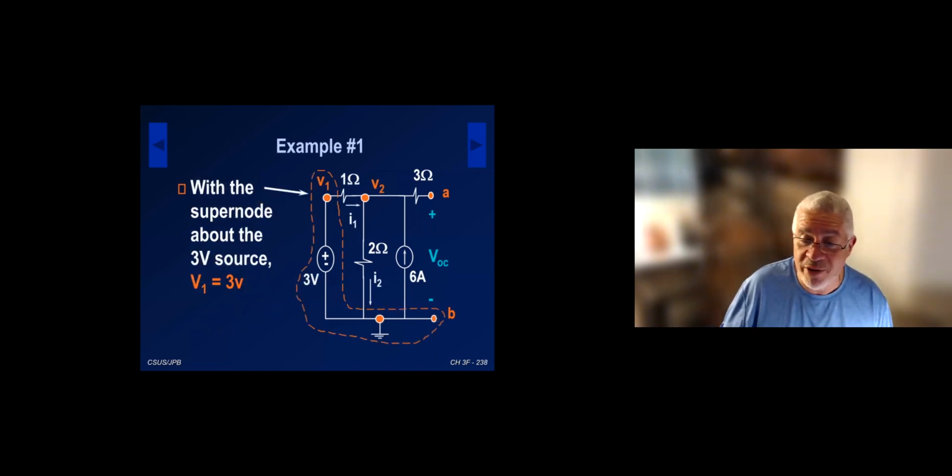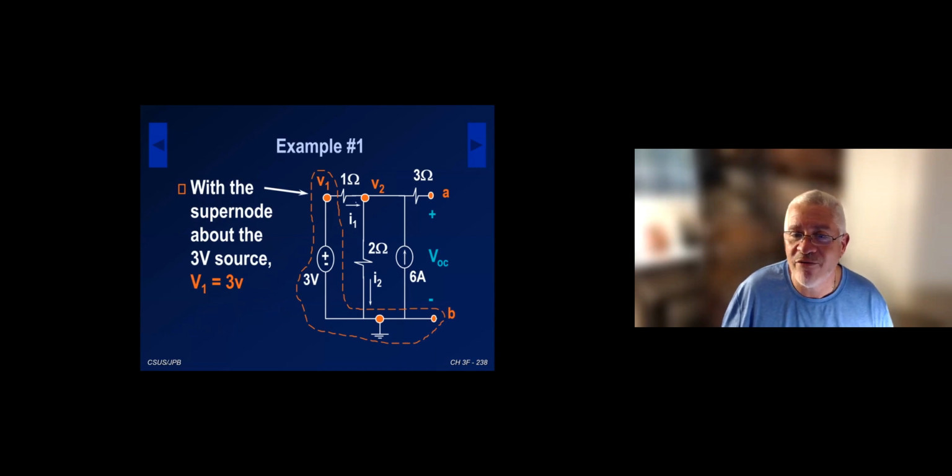I put my reference node at the bottom. That means I have two nodes, V1 and V2. You'll notice I don't have a node at terminal A because there is no current on the 3 ohm. It's just open, so there's no current. Essentially there is no voltage drop on the 3 ohm because there's no current.